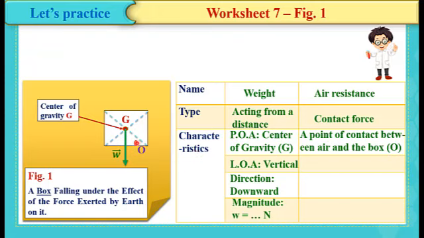Since the object is falling down, the direction of air resistance is upward. Let's represent it. Vertically upward. The magnitude is represented with R and the SI unit is Newton.